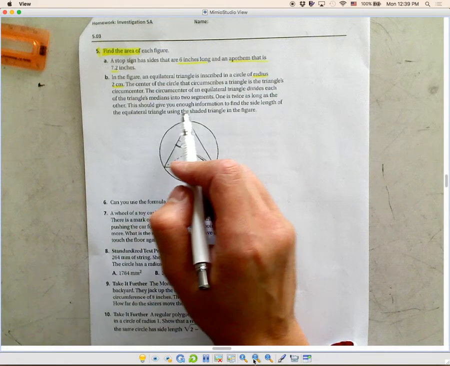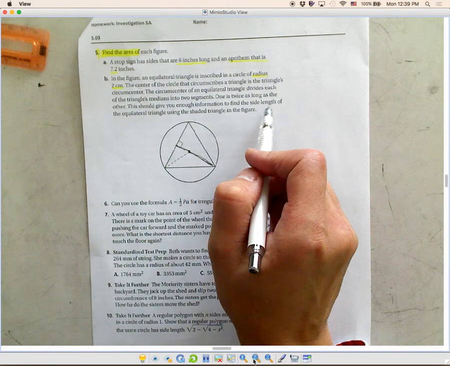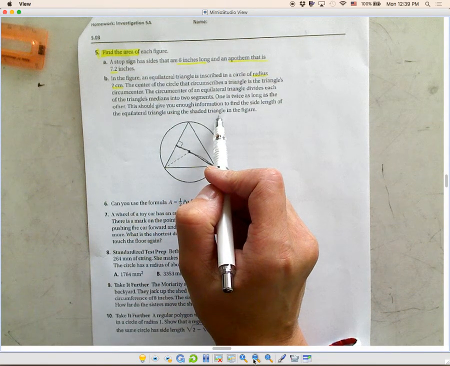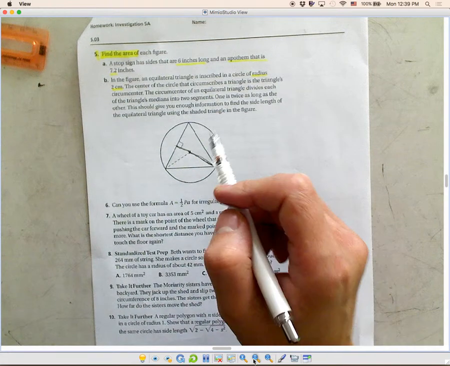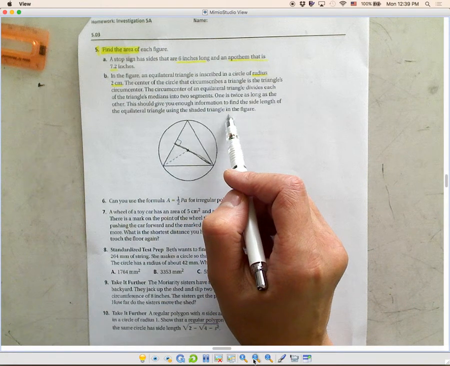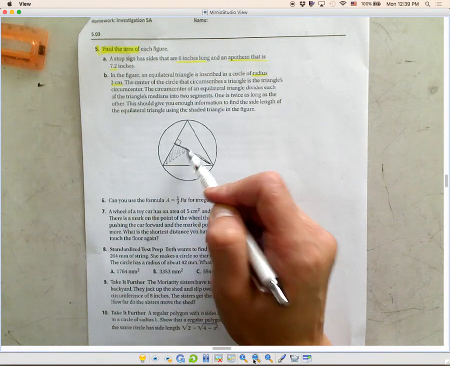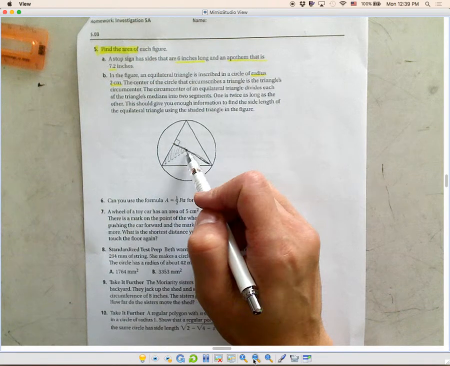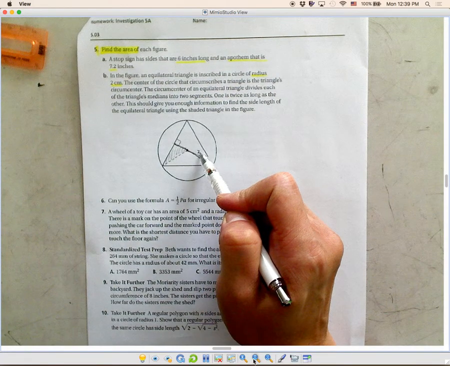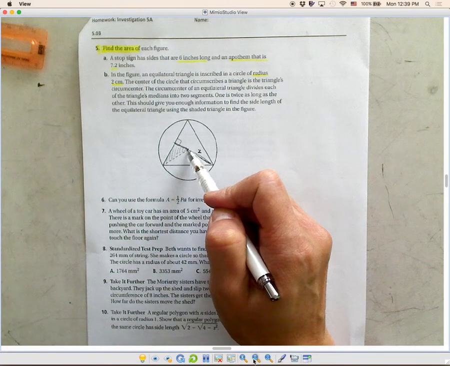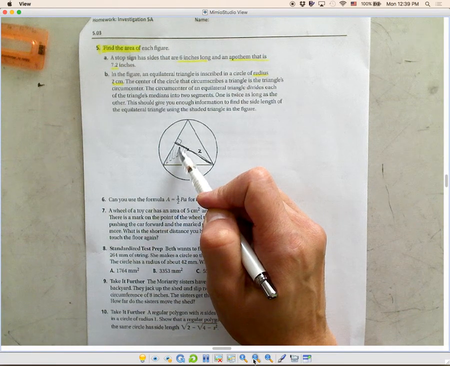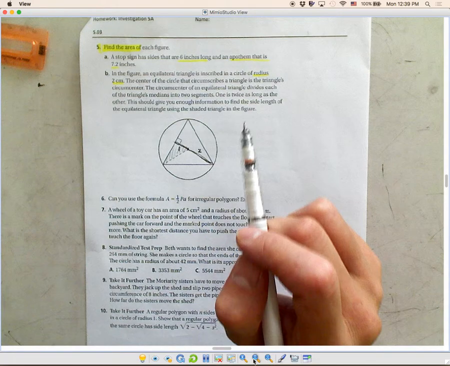This should give you enough information to find the side lengths of the equilateral triangle using the shaded triangle in the figure. The shaded one is this one. We know the radius of the circle is 2, so this is 2 right here. And this is twice as long as the shorter one, so the shorter one should be 1. What are we trying to find?